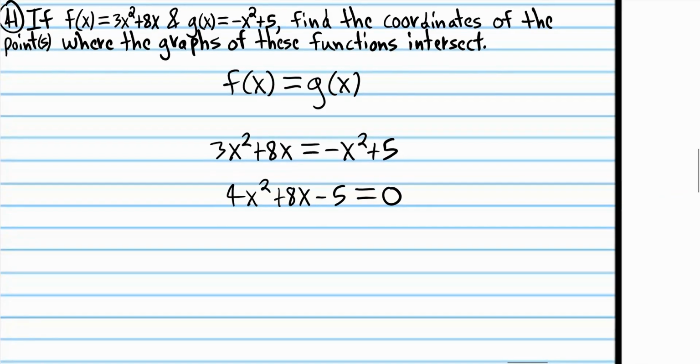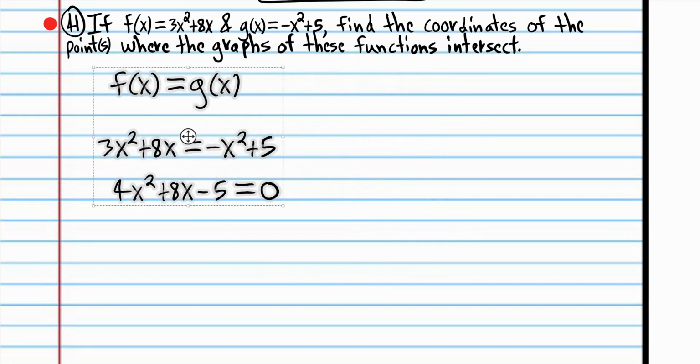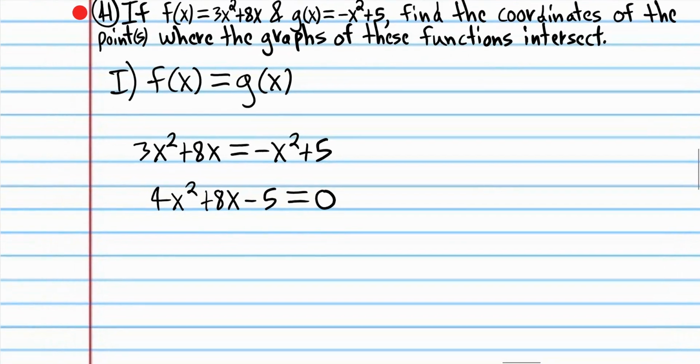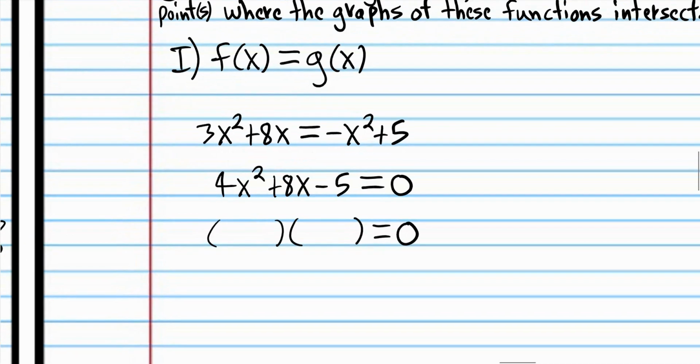So I'm doing a lot of work at once, or in one step, I should say. So this is step 1 of the problem. We're finding the x values that these graphs intersect. So now we're going to factor, because we have our quadratic equation in standard form.